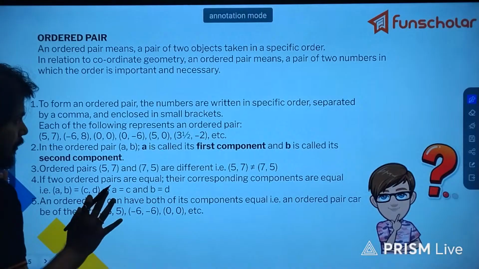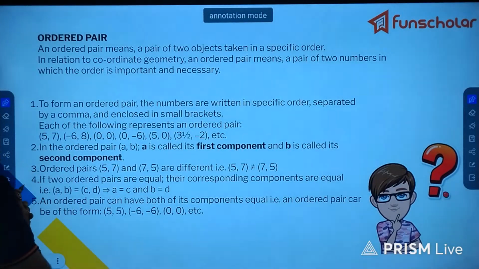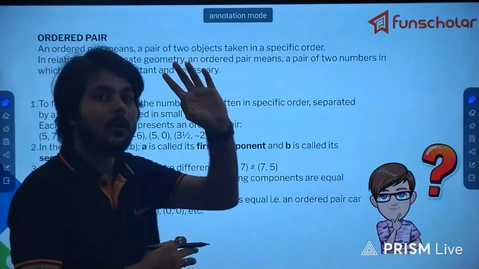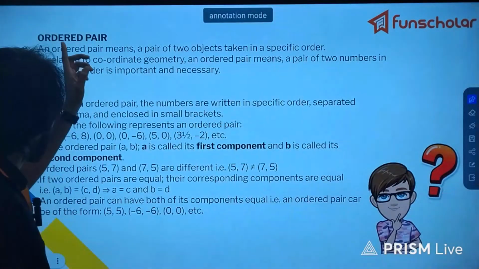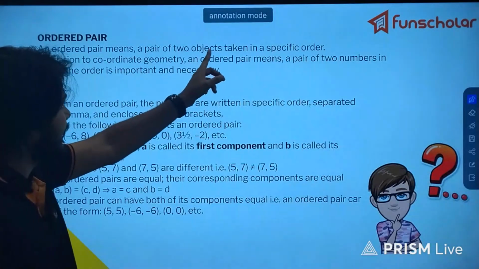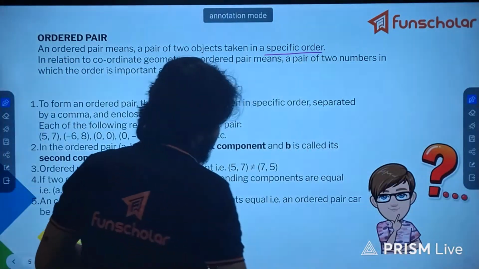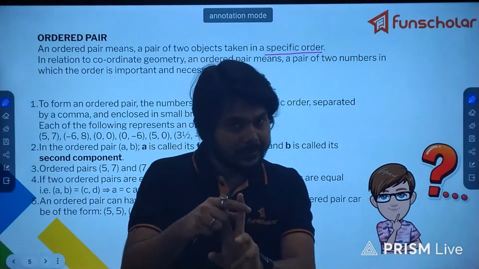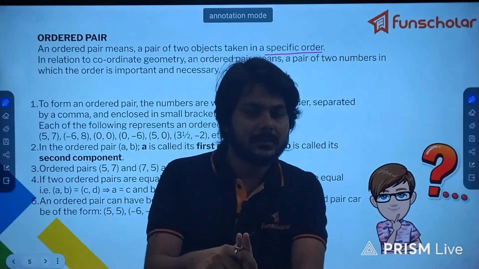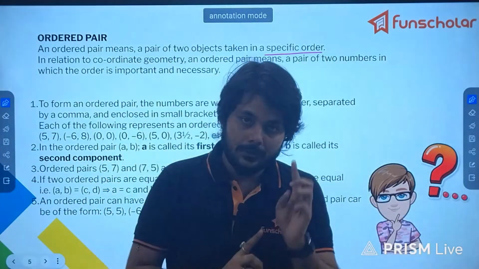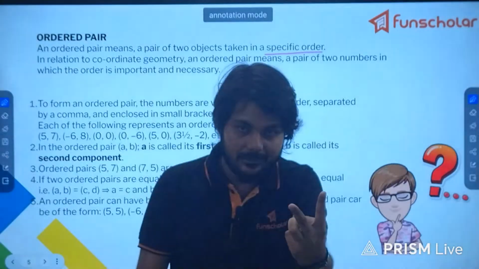Now we are looking into the matter of ordered pairs. An ordered pair means a pair of two objects taken in a specific order. Mark this phrase, specific order. Two numbers, two variables, two objects, whatever you want to take, the quantity will be two.